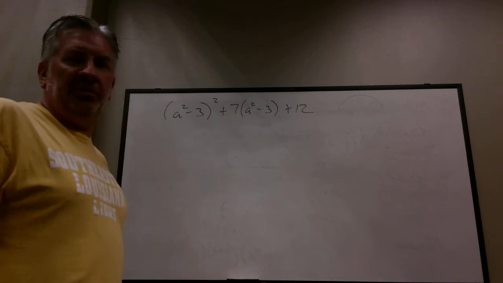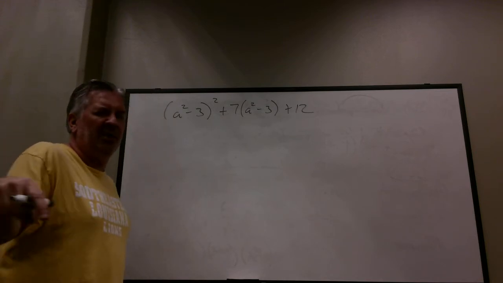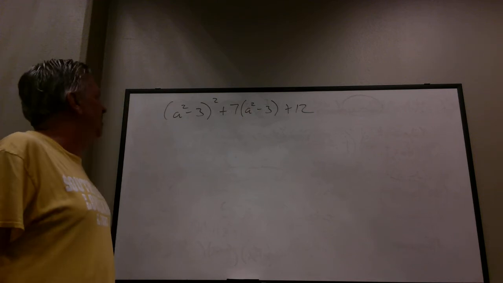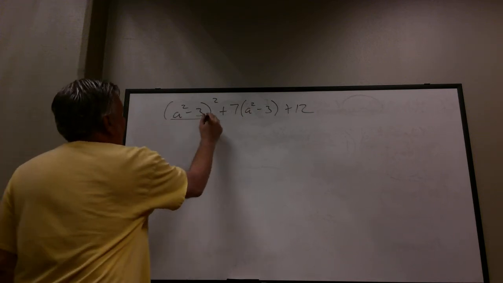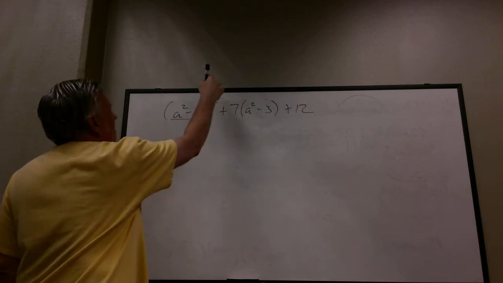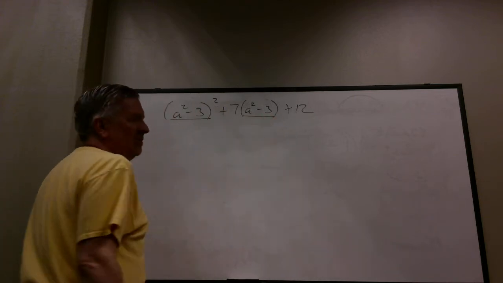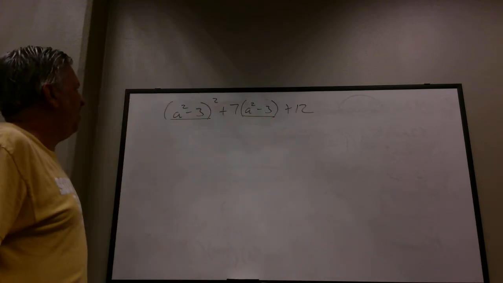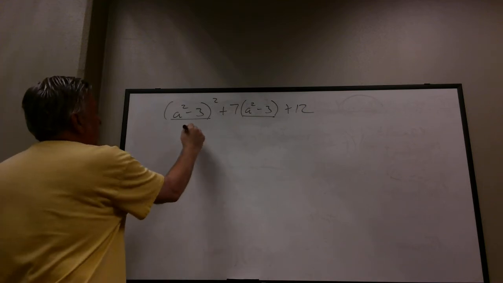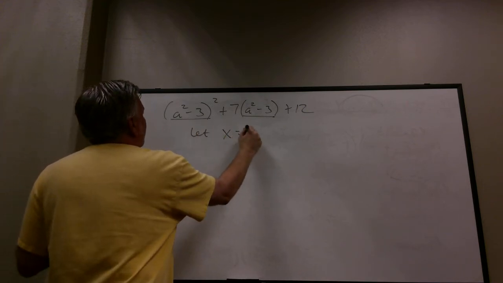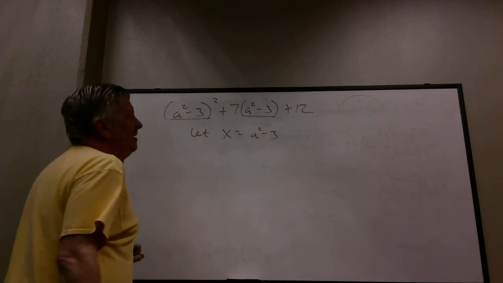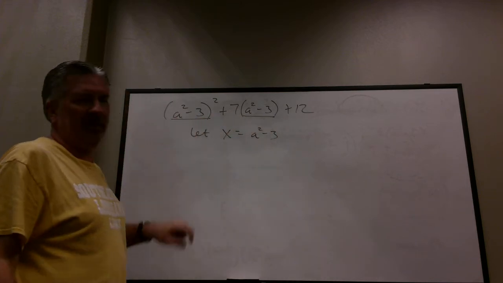All right, so what we're going to do here is do a little substitution, and then it'll look more like something we can do. Because notice, it's a squared minus 3 squared, and then 7 times the same thing. Okay, let me call that x. So I'm going to let x be a squared minus 3. The only reason I'm able to do this is because it's showing up in both places.